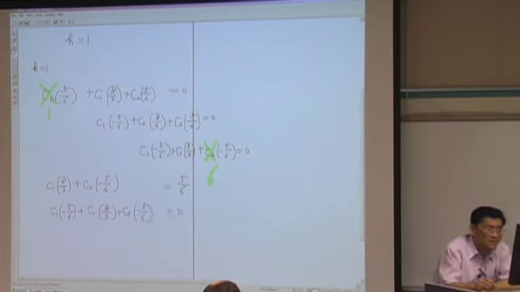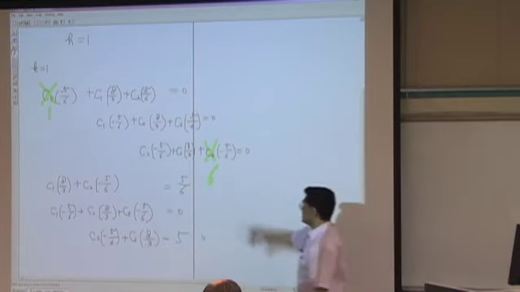And finally this one, C2, negative 5/6, C3, 8/3 equals 6 times this one, 5/6, right? So we wrote this.